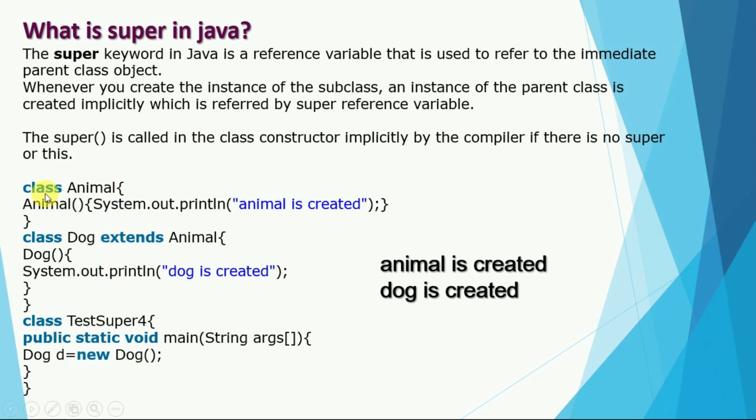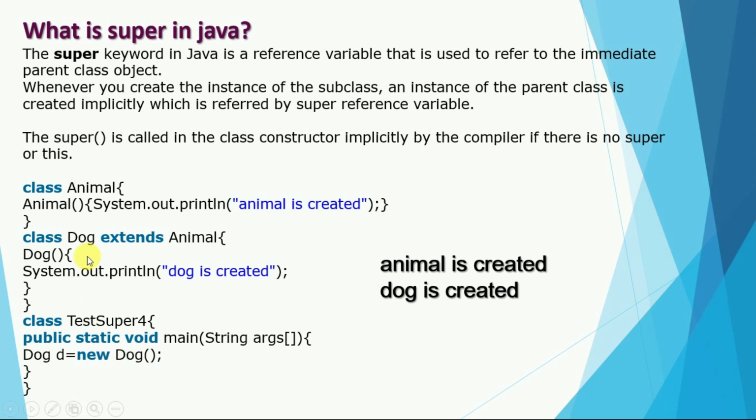We have a class named Animal, which is the parent class, and a class named Dog, the child class, which extends the Animal class. So there is a parent-child relationship, and inside the Dog class we have a constructor in which we print the statement "dog is created". In the main class we create an object d and call the Dog constructor.